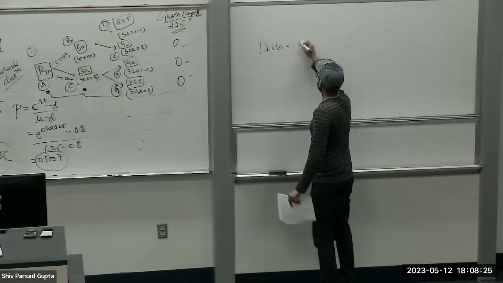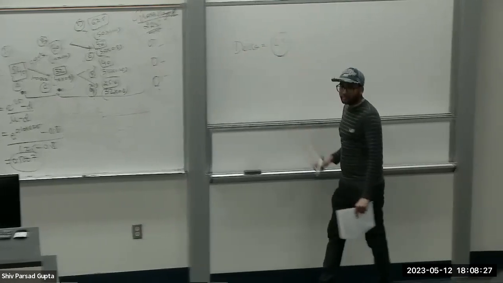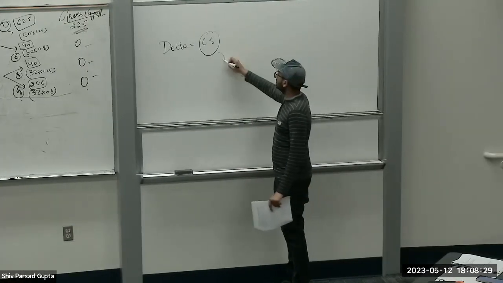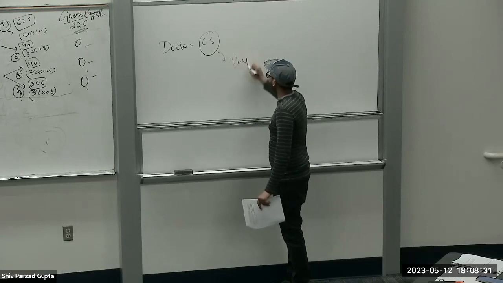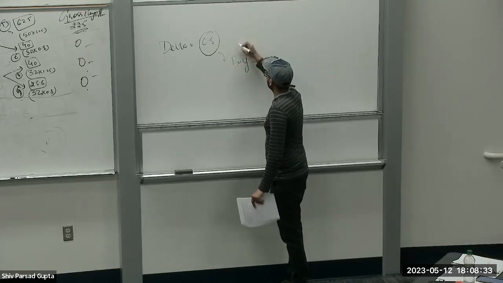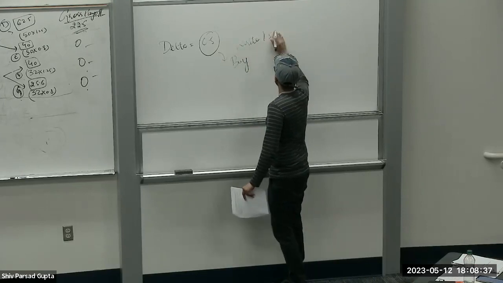If delta is 0.5, what does this indicate? You have to write one option and buy 0.5 share.